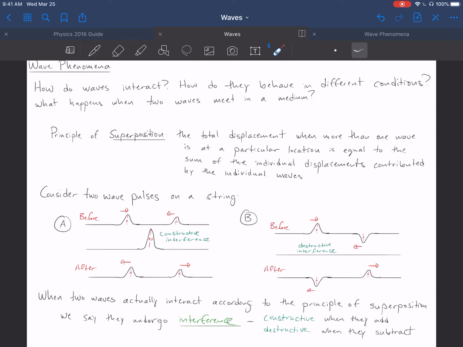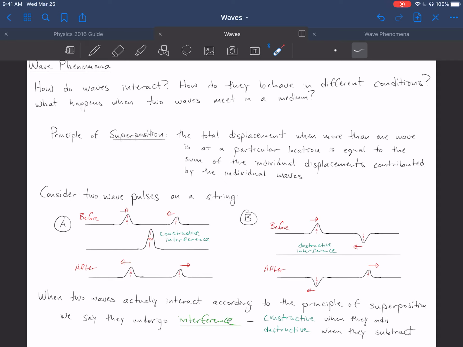If they add up perfectly, we call that perfectly constructive interference. That gives us a maximum of 2A. And when they are perfectly canceling out, we call that perfectly destructive interference.